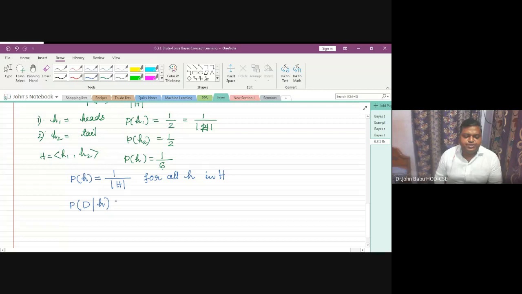What we are doing here is this: if di is equal to h of xi, that means if the data xi confirms the hypothesis, the value is 1, otherwise 0.